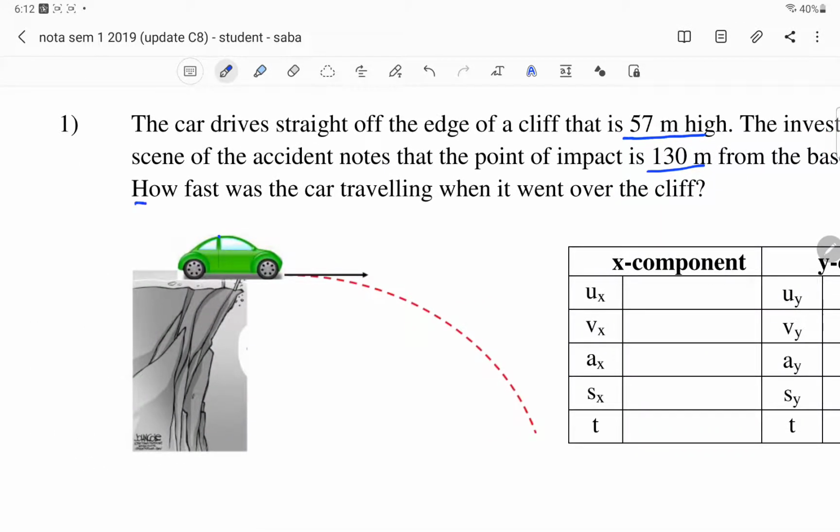Soalan tanya how fast was the car travelling when it went over the cliff. Maknanya ini kita nak kira simbol apa? Dia nak kena kira U, initial velocity at this point. U. Ini soalan tanya. So angle vector initial velocity from horizontal is 0. Theta is equal to 0 degree.